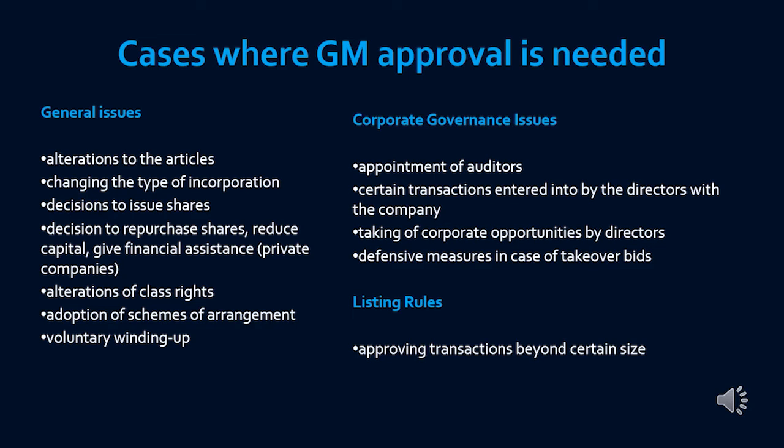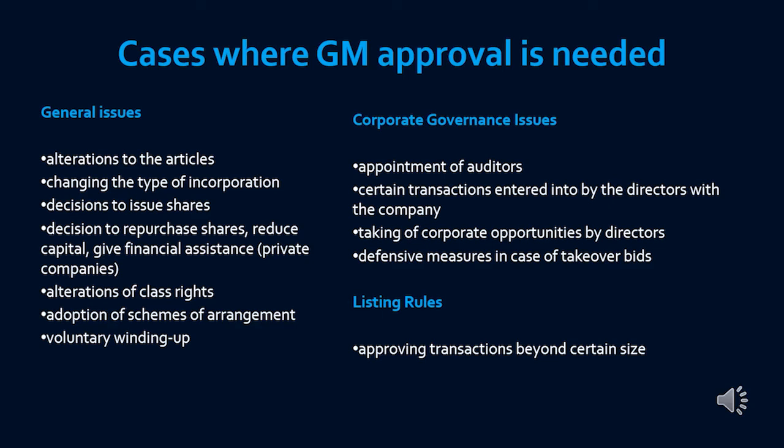We've got the list of things where the general meeting is absolutely required, and that includes stuff like shutting down the place. If you want to wind up the company because you decided you would finish it and take your money and go someplace else, this obviously requires the consent of the general meeting. But then you've got all these things that come with corporate governance, again, only applicable to public companies in the stock market.